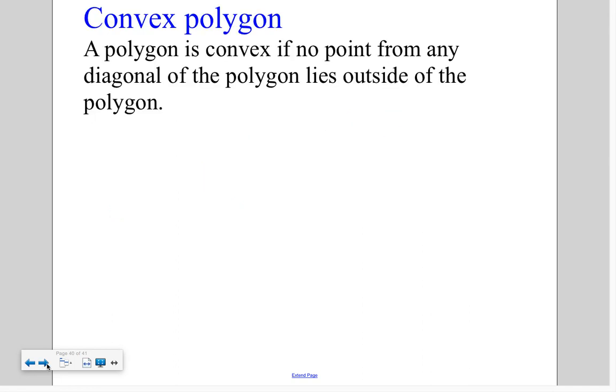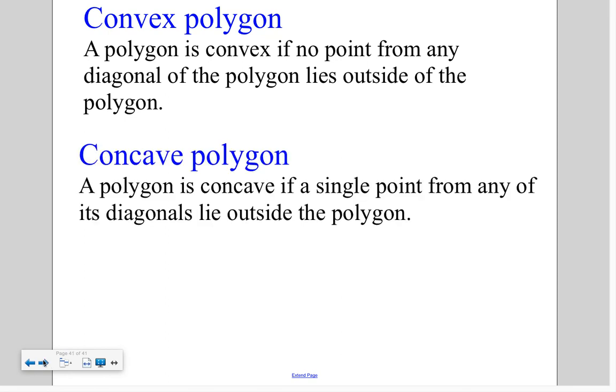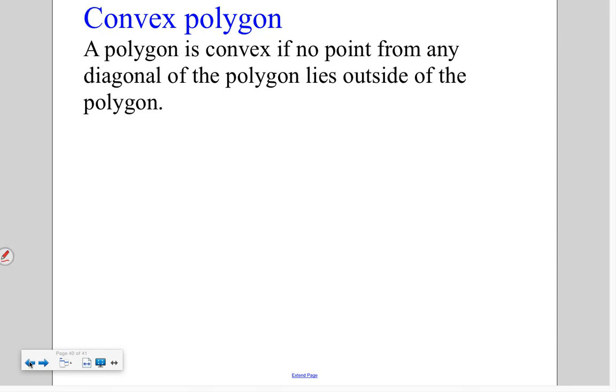Okay. A convex polygon, that's a polygon. Sorry, a polygon is convex if no point from any diagonal of the polygon lies outside of the polygon. So I think one way, I'm going to draw one here. So a convex polygon is any polygon that basically continues to move without having any, so all these diagonals are going to be inside.